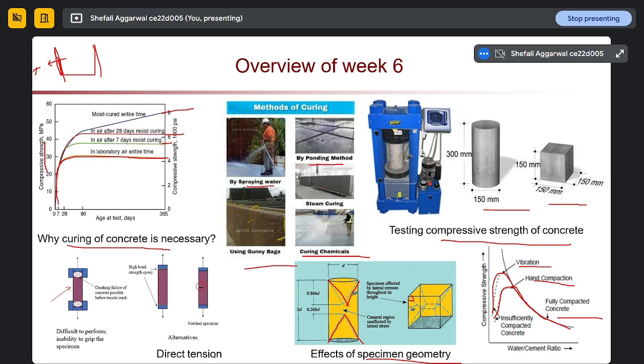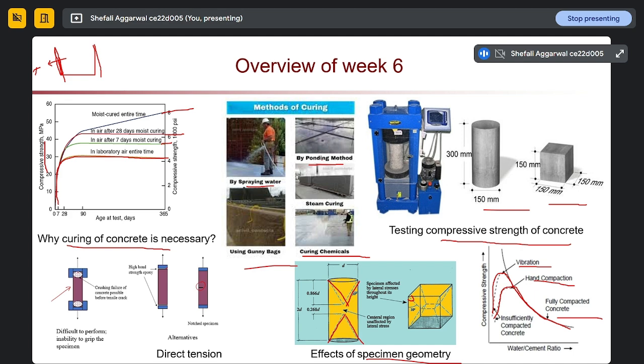We add the cement paste in this and check how much expansion is happening between the two prongs. Next is the air permeability. Air permeability tells us about the fineness of our cement, and this is the apparatus for air permeability.